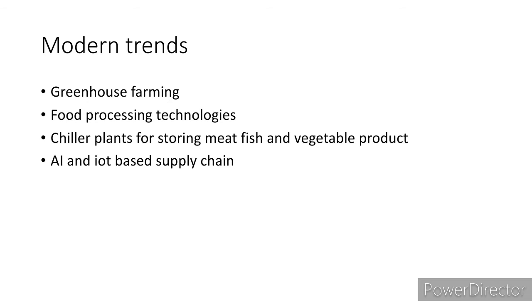So one problem associated with this greenhouse is heating requirements, and also illumination requirements. So what they do is that they control the carbon dioxide level by monitoring, and thereby adjust the temperature of the greenhouse.